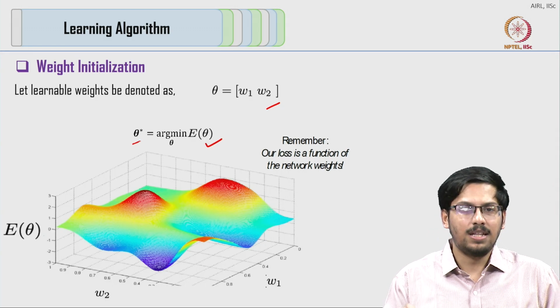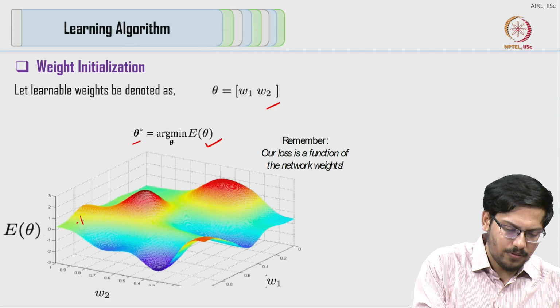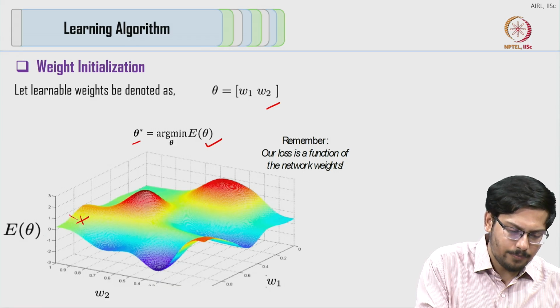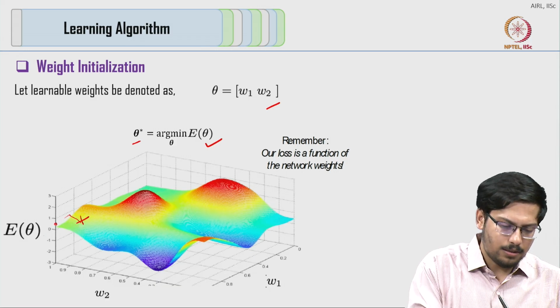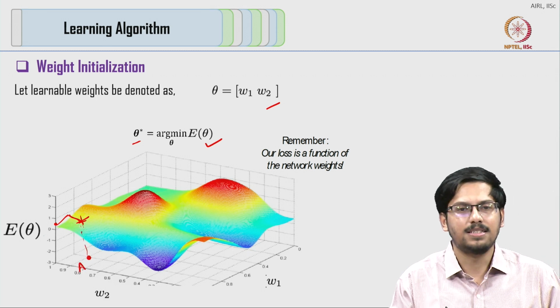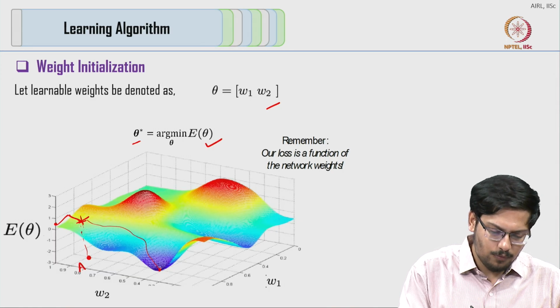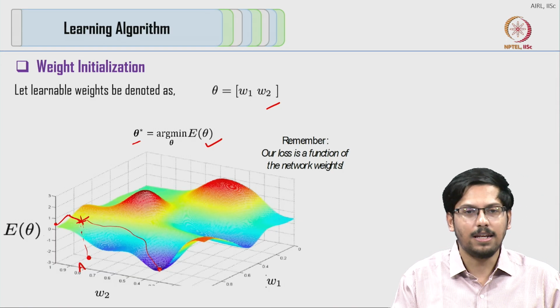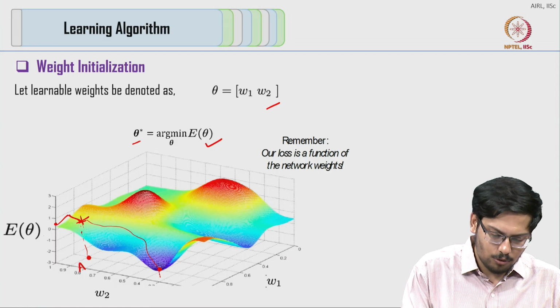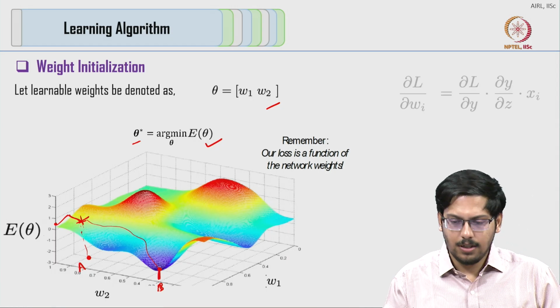We also saw last time that for any learning algorithm we can start at a random initialization setting, which would correspond to a point A, let us assume, and then throughout the learning algorithm we would reach a minima value, which would correspond to a different point B, right.